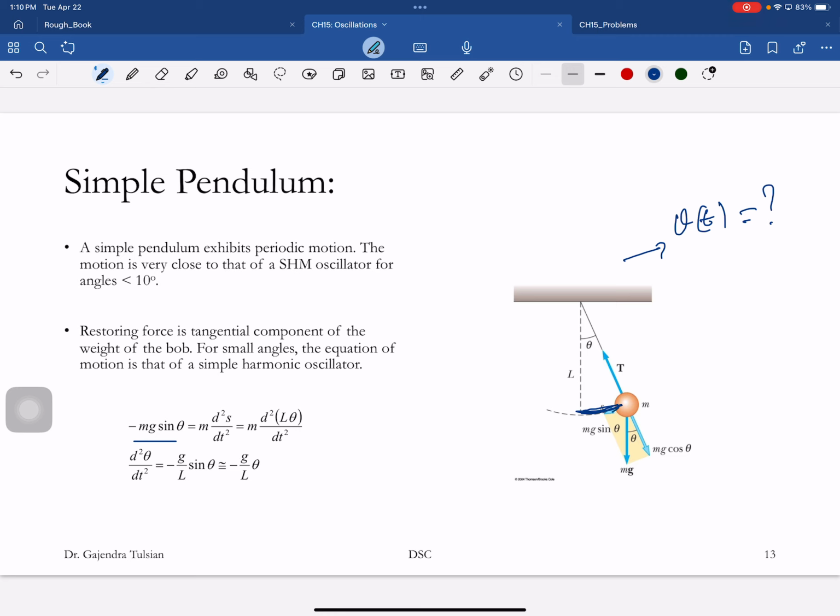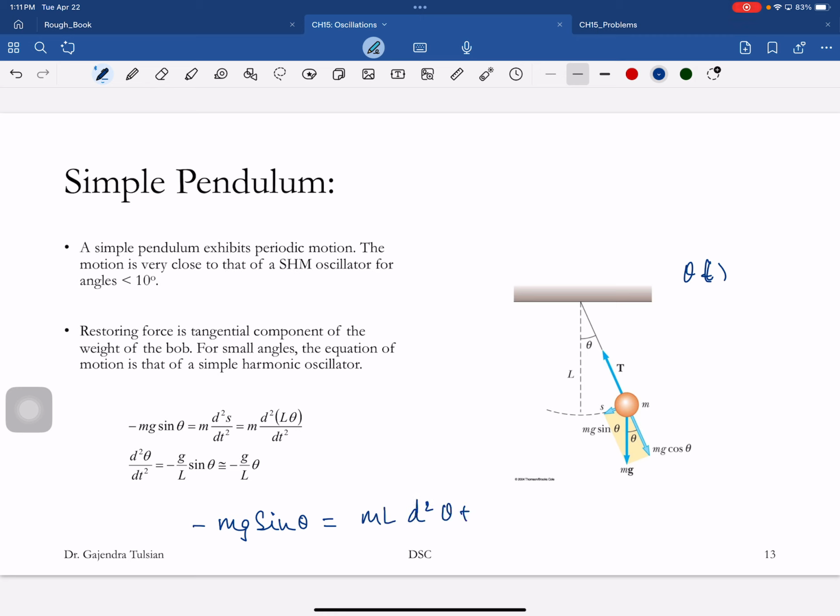But this arc length is equal to L times theta. L, of course, is constant, so it's d square theta by dt square. So theta(t) is what we're interested in. So minus mg sine theta is mL d square theta by dt square.